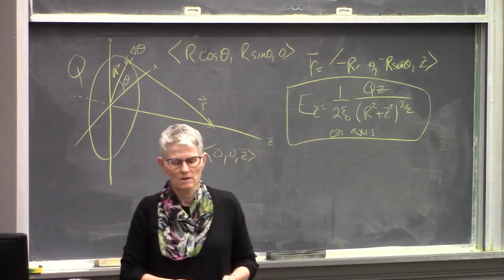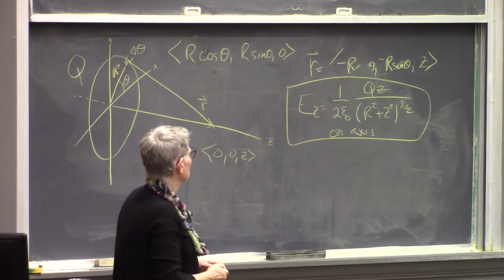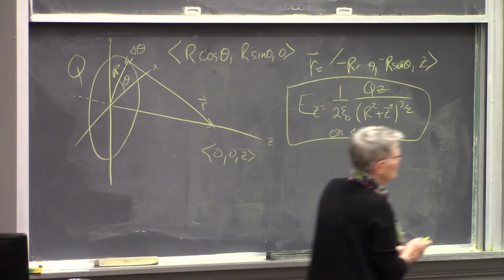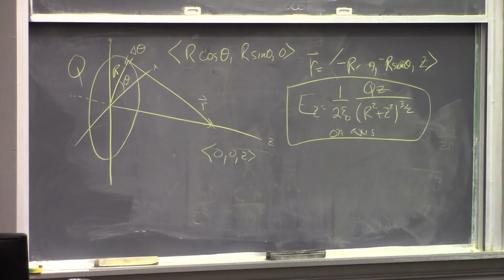Yes? Shouldn't it still be 4 pi epsilon? Because in the integral you have qz over 2 pi. So then the 2 pi should cancel out. Not the 2 pi. Right, you're right.